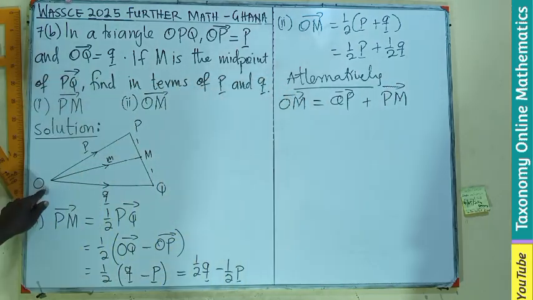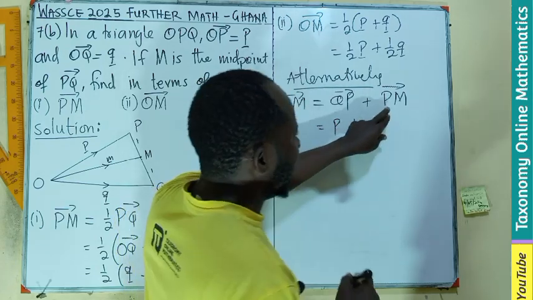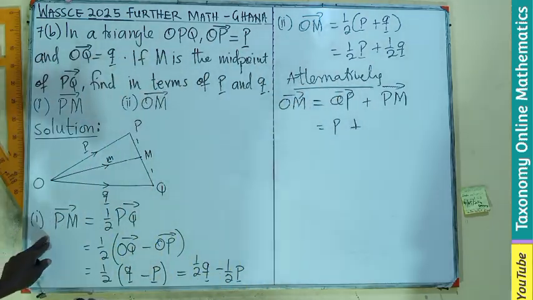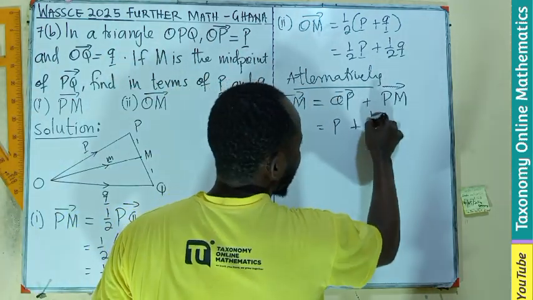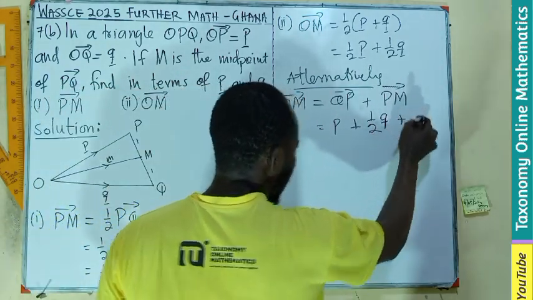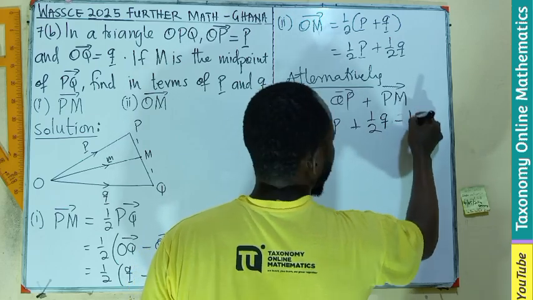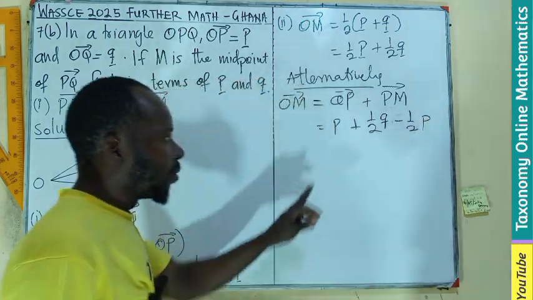Now, what is vector OP? Vector OP is P. What is vector PM? Vector PM is known here as half of Q minus half of P.